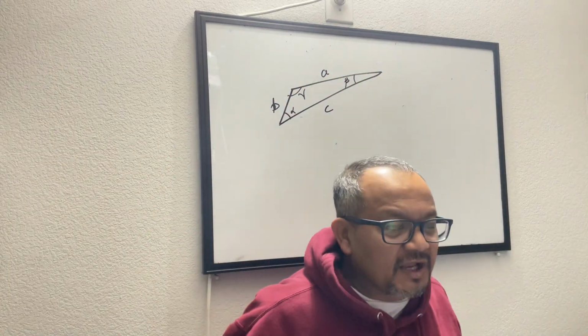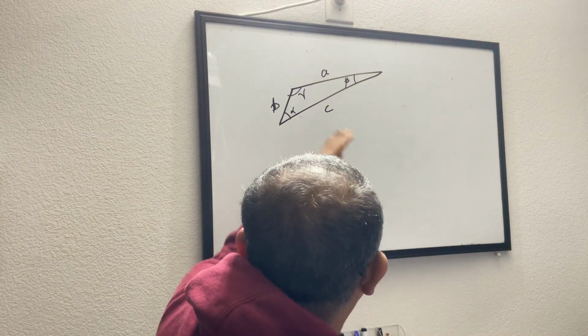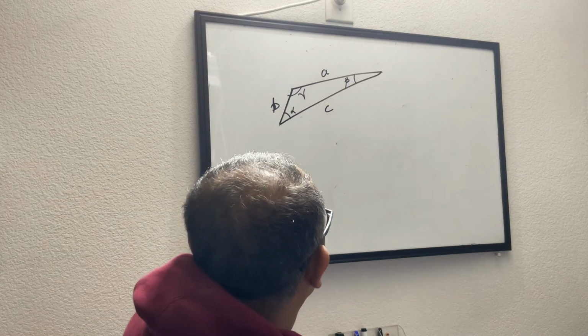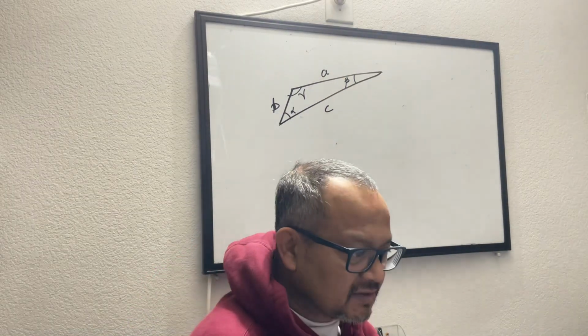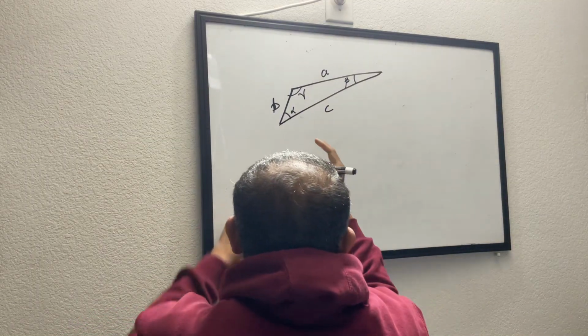So the law of sine, we are talking about the law of sine right now. This tells us how you relate the angles and the sides. And the relationship is represented like this.